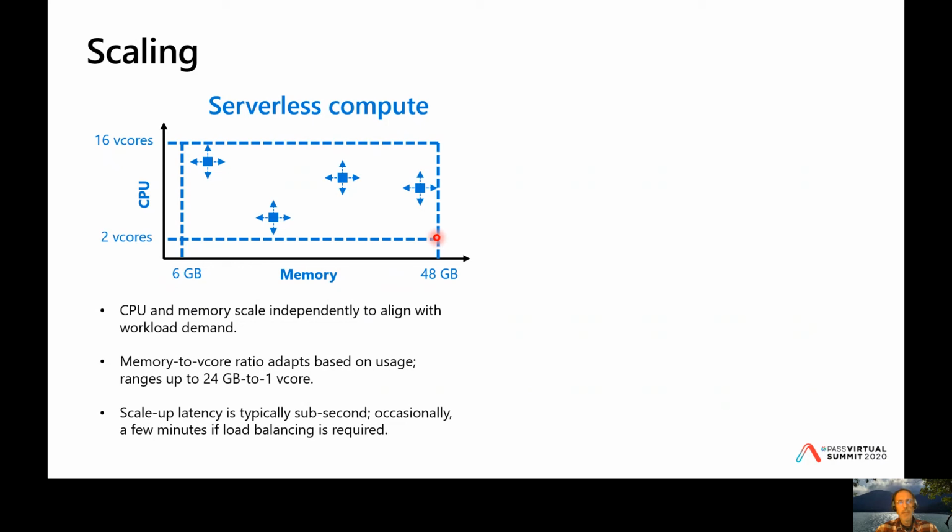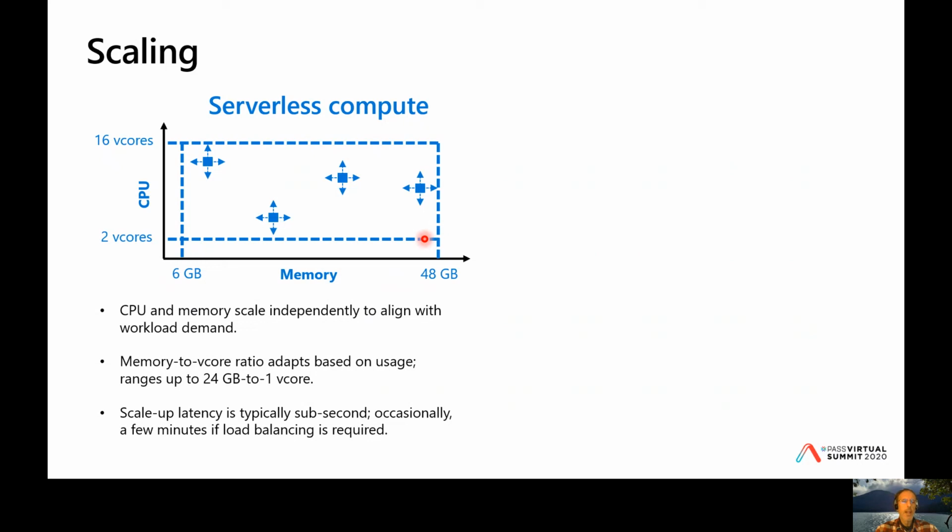And so it could be the case that at one point in time, my database needs to perform, say, a table scan and is loading a lot of data from disk into its buffer pool. That operation could consume quite a bit of memory, but generally perhaps not so much CPU.